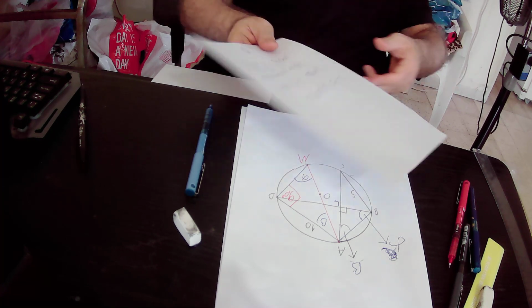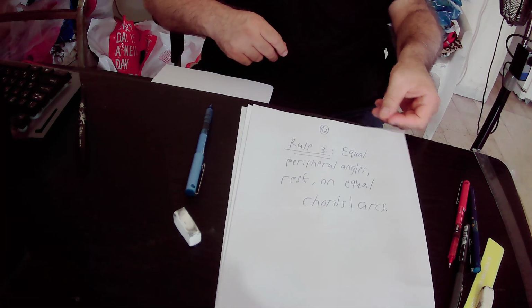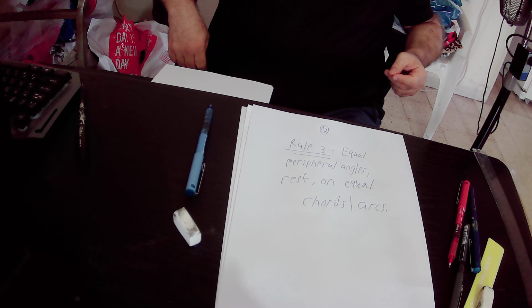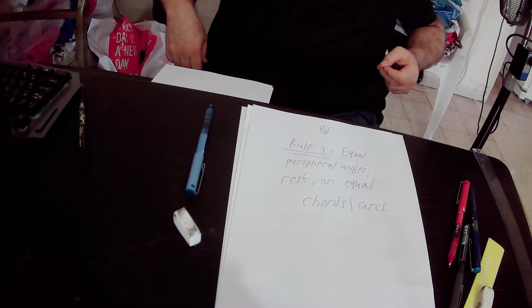So I will read rule number 3 again. Rule number 3 states that equal peripheral angles rest on equal chords or equal arcs.